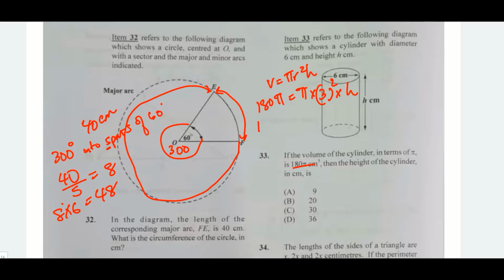So we have 180 pi, and this would be 9 pi h. So we divide both sides by 9 pi. So 180 divided by 9 gives 20. So we get 20 is equal to h, because 9 pi into 180 pi goes 20 times. So we get B.